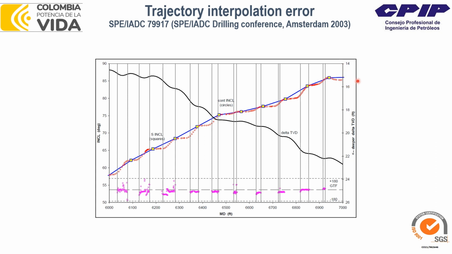Now what is interesting is this black curve, which shows how much difference in TVD he got. You can see it goes from 22 to 16, which is almost 6, even 6 to 7 feet, which is almost 2.5 meters difference in TVD just because of this uncertainty. You don't see it anywhere.